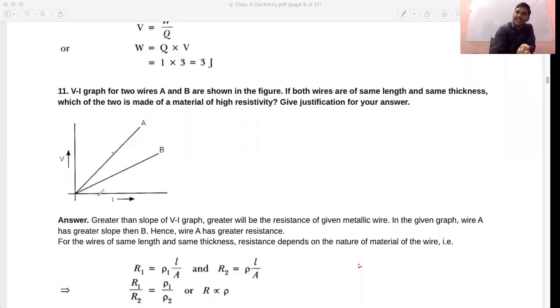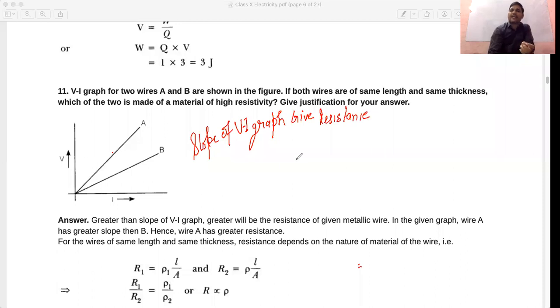You know it is a VI graph. So the slope of the VI graph is resistance. Is it clear? The graph having a greater slope has greater resistance.